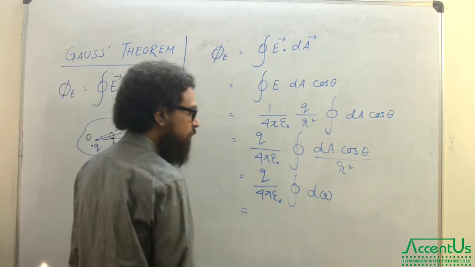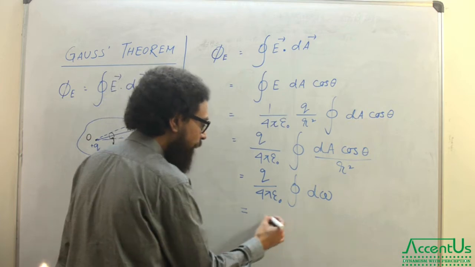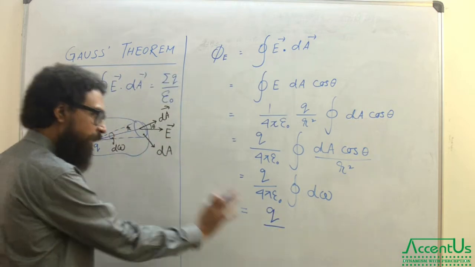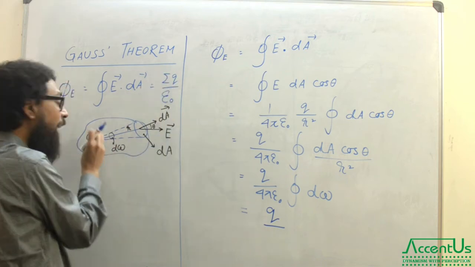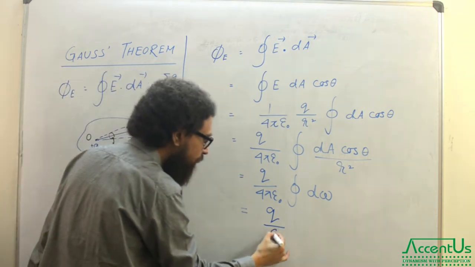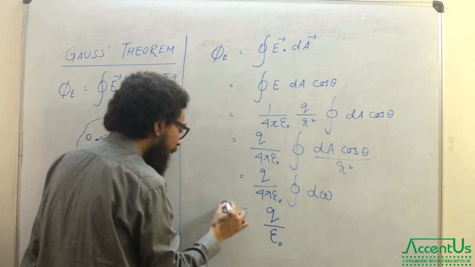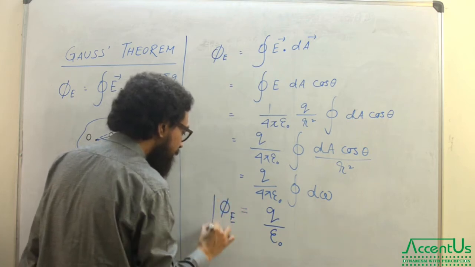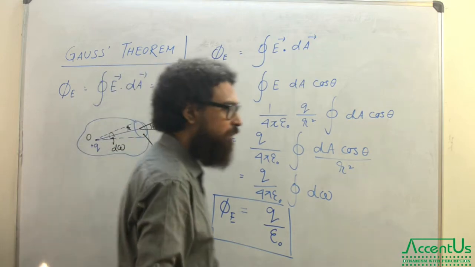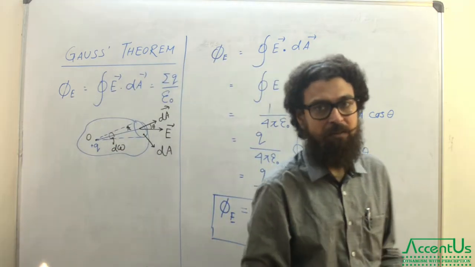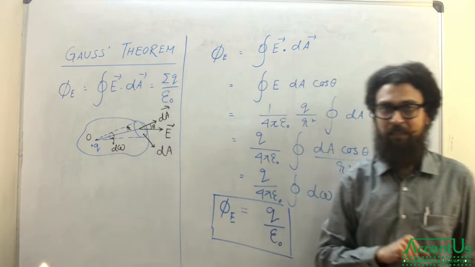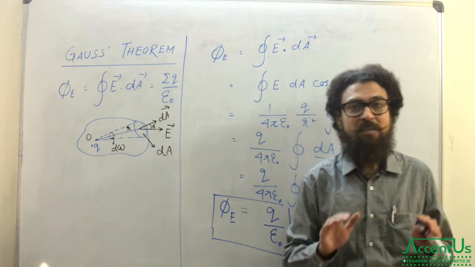So the closed integral of this will give you 4 pi. So what is coming finally? We took only one charge, so I am writing q, I am not writing summation q. If we had a lot of charges, then we could write summation q. So it will get cancelled, and we have proved Gauss's theorem. The expression phi e is equal to 1 by epsilon naught times the total charge enclosed by the surface.